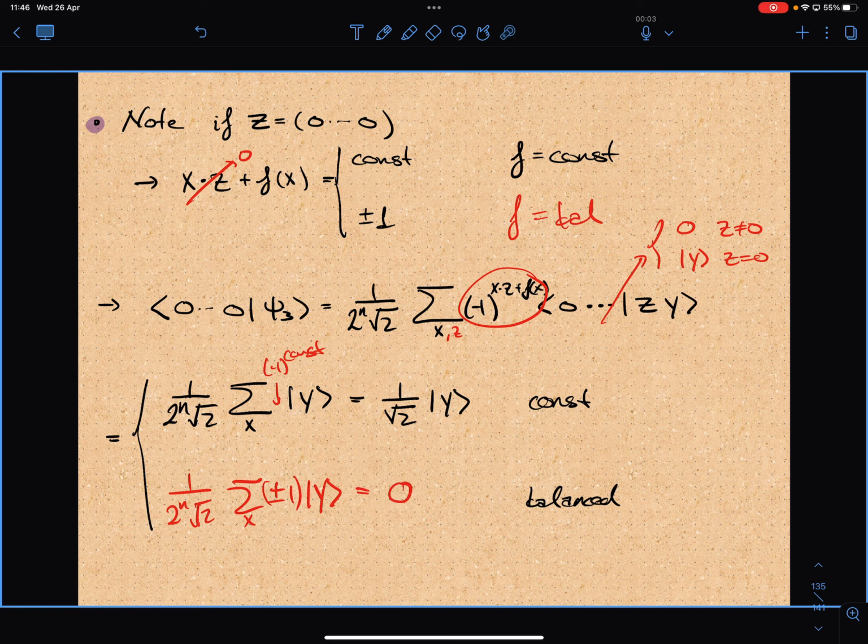So in here, these are going to be 2 to the n terms with the same constant. And I can just factor out the y, and then 2 to the n is going to cancel out, and I'm just going to have this. And here, this y is also just constant. So I'm just summing plus or minus 1, and half the time is plus 1, and the other half is minus 1. So this is going to give me 0. So if f is constant, I'm going to output this state, and if f is balanced, I'm going to output 0.